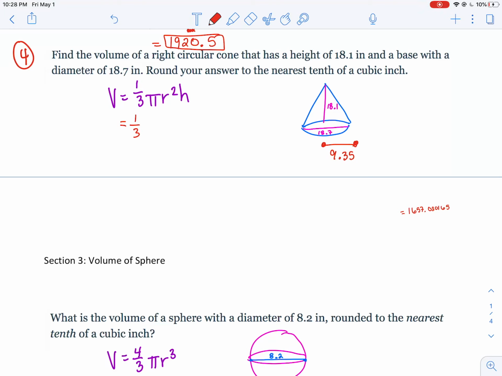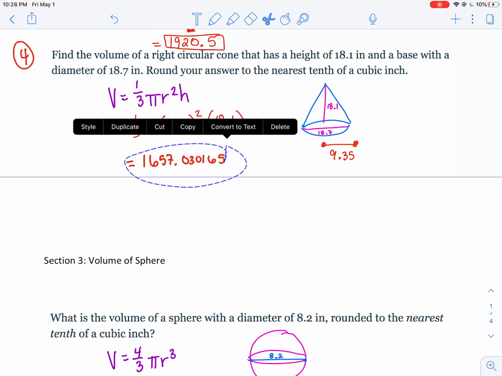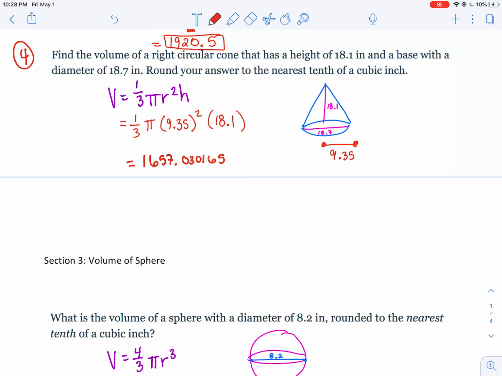So let's plug our numbers in. 1/3 pi drops down. My radius I just found was 9.35 squared. My height is 18.1. If you type that into your calculator, you are going to get the following.